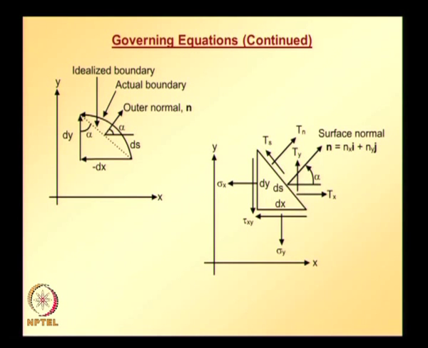So, looking at these two figures, we can easily write the relationship between T x, T y and T n, T s, and also the relation between the traction in the x direction, the traction in the y direction, and the stress components sigma x, sigma y, tau xy.